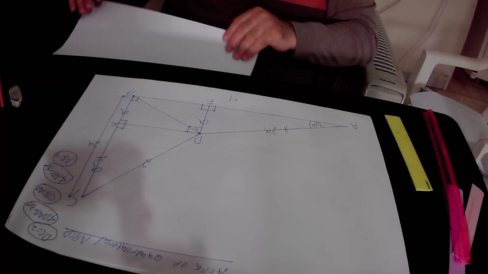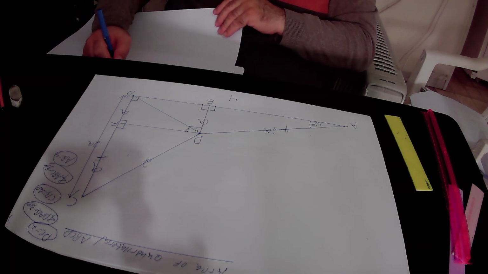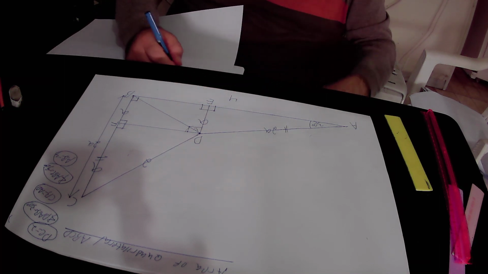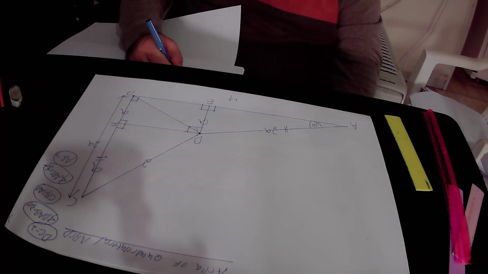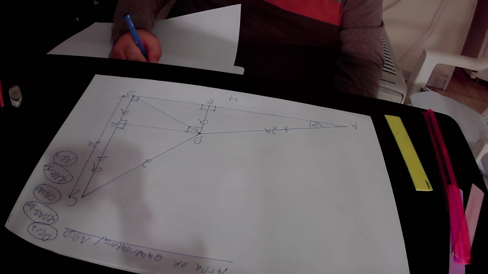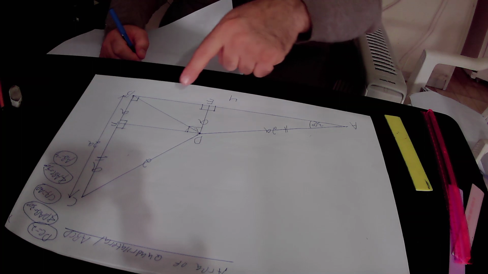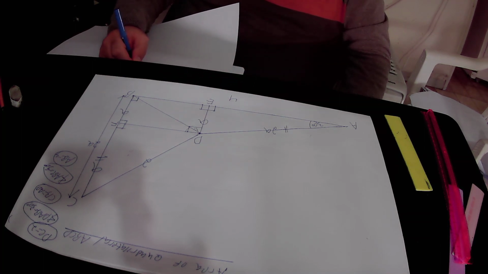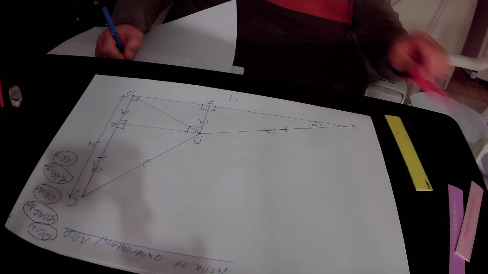I'll repeat again. We will prove that this triangle DCF, the right triangle, is congruent to this triangle DFB.